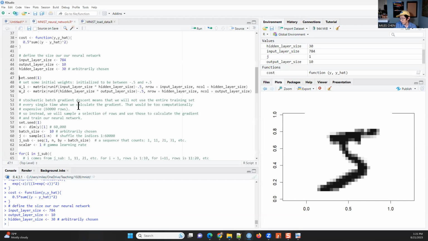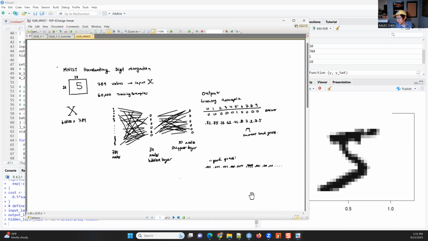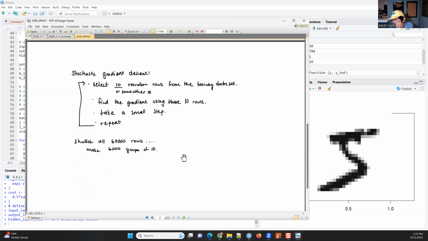We're going to do something called batch gradient descent, just so that our computer doesn't choke, because I've got 60,000 images in my training data set.